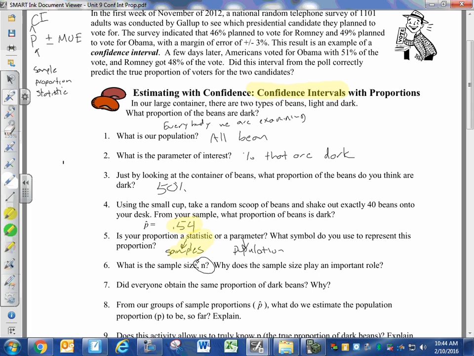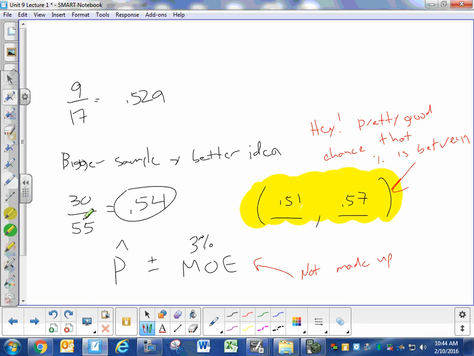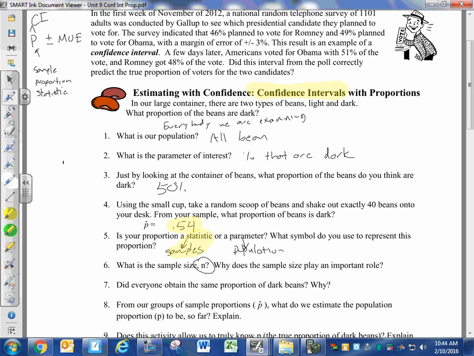Ms. German, what was your sample size? 55 beans were pulled out. That is our sample size. So remember, N is our sample size. In this case, it was 55. This is the total amount, and you can just say surveyed. All of these terms we need to be reminded of for this unit.